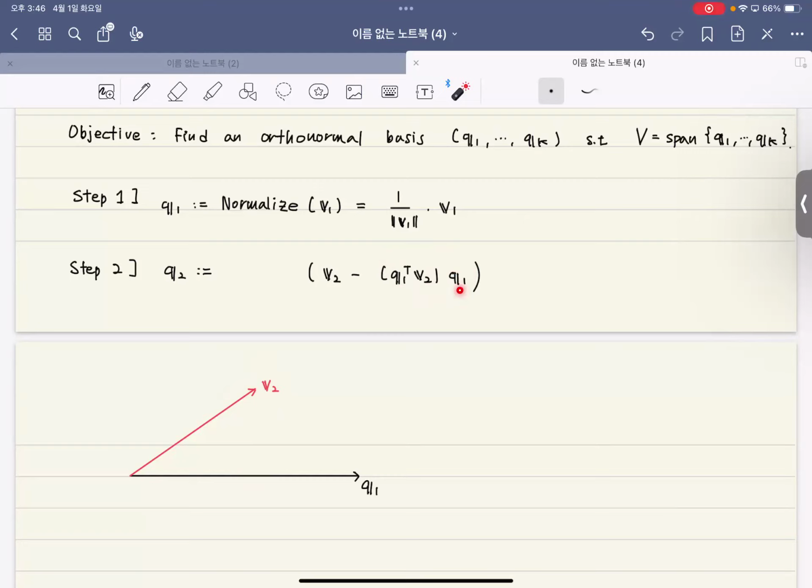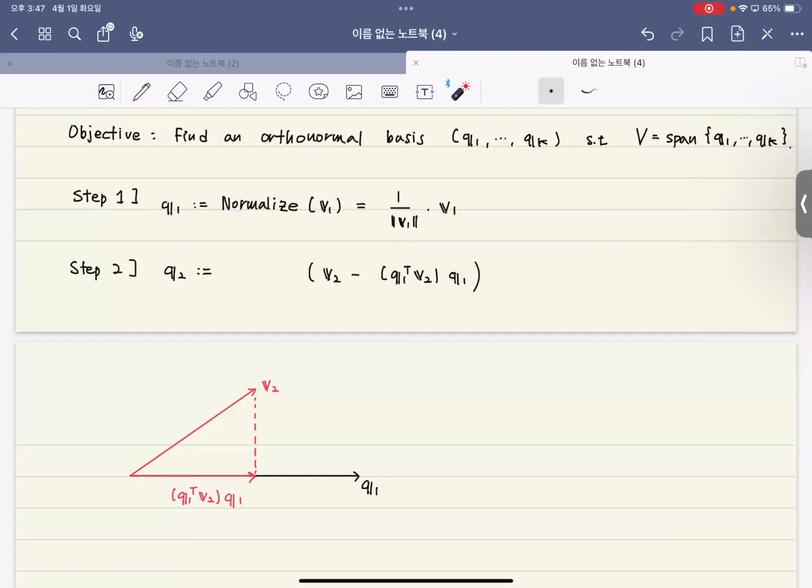This is exactly that component, right? This is Q1 transpose V2 times Q1. This is simply a projection. Now, I am subtracting that projection from V2.